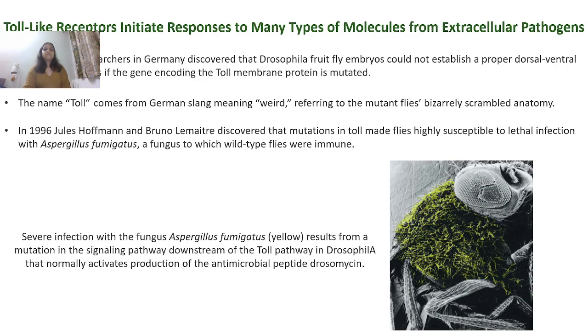So they found a similar kind of gene present in humans, having almost the same domain sequence, and they termed it toll-like receptors, or TLRs, in humans.